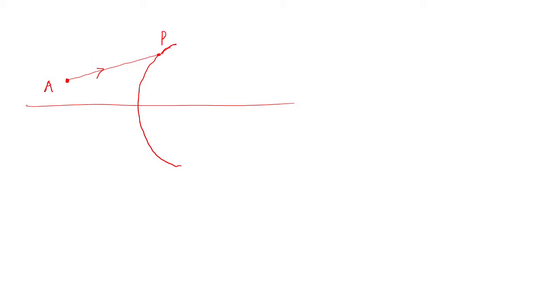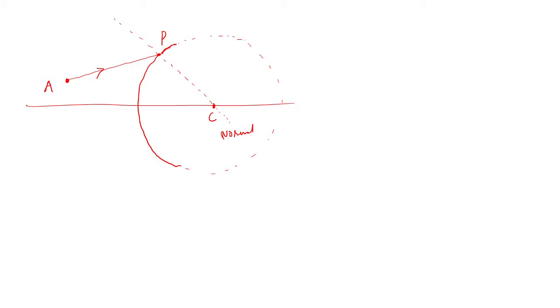And then this would be the normal. The normal would be going through the center of the curvature of the spherical surface. So the center of curvature is somewhere here, so the normal would just go through the center of curvature. So this is the normal axis, this is the center of curvature.